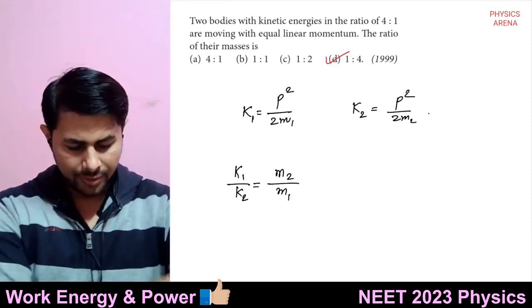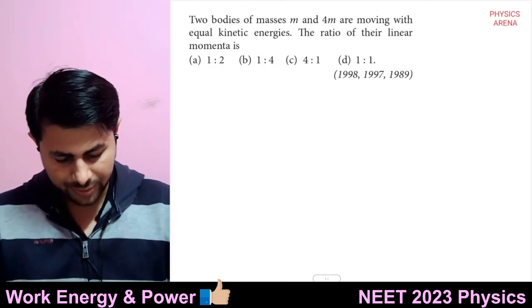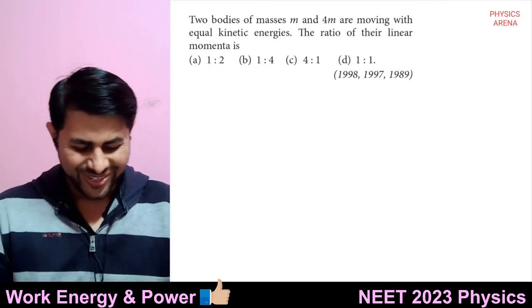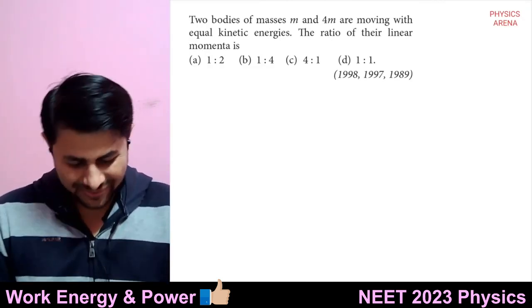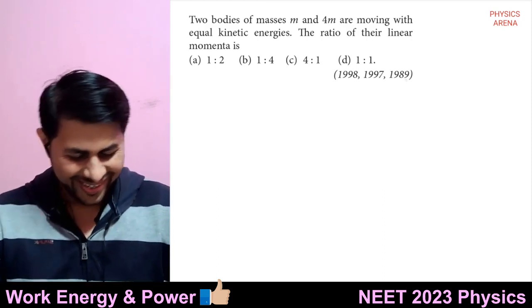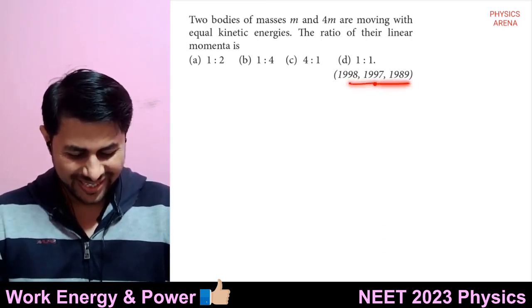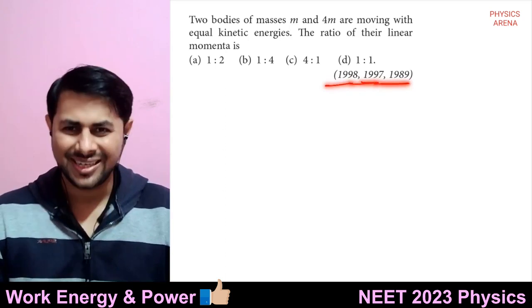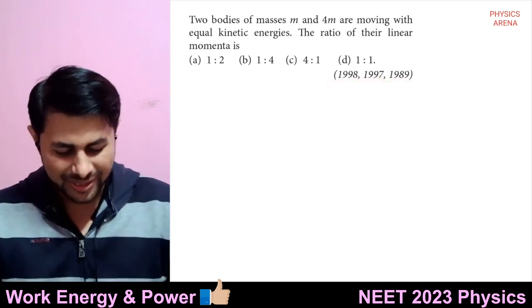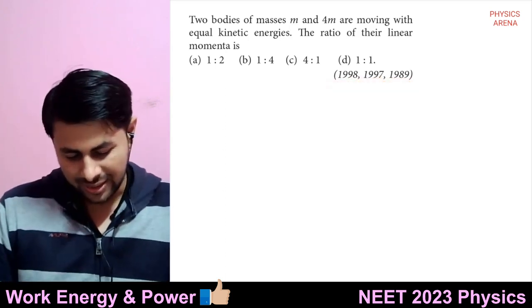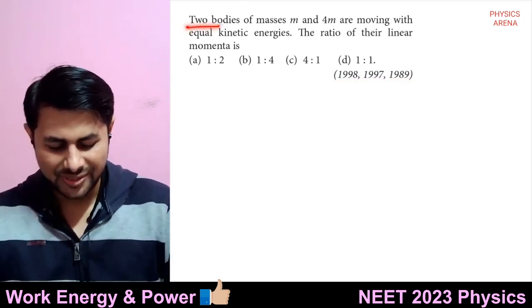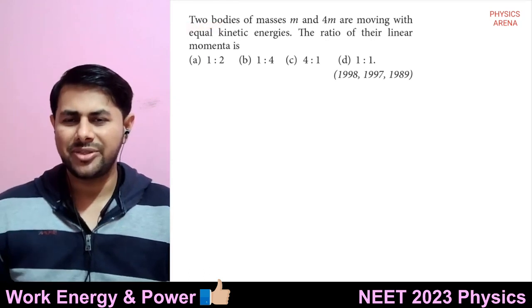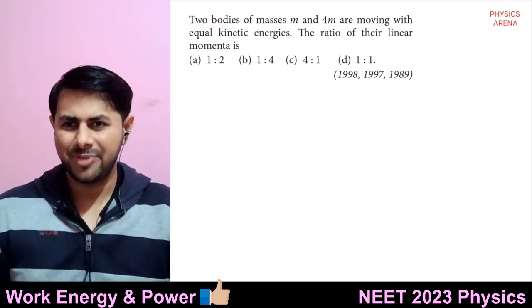Right? All right. Let's see the next question. So 1989, 1997, 1998. They repeated it 3 times. Did you have this perception that questions are not repeated in the NEET exam?